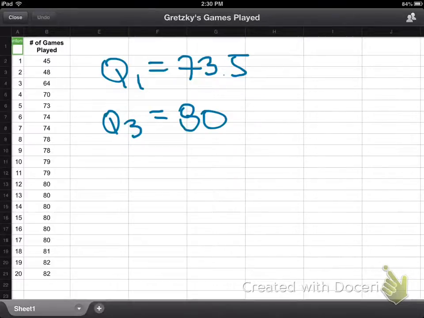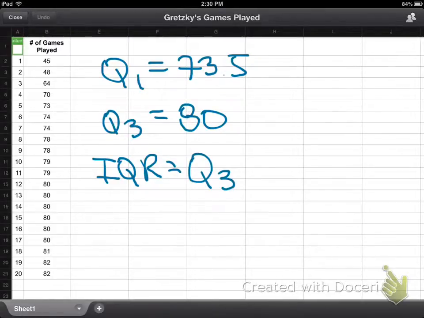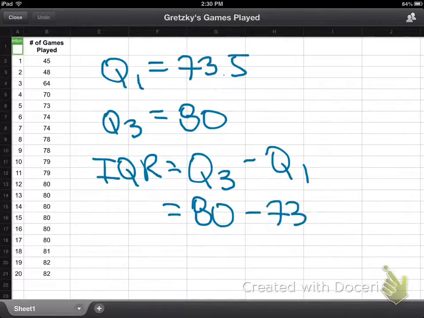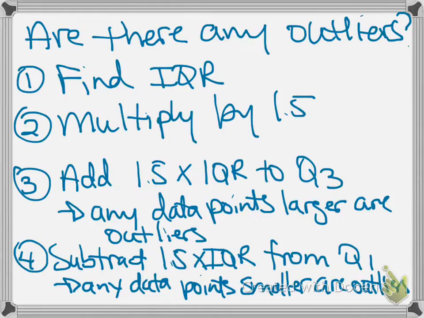So if we're going to calculate the IQR, all we have to do is say, that's Q3 minus Q1, which in this case is 80 minus 73.5, and so that looks like 6.5 to me. Okay, great, we've got the IQR now, but what do we do? How do we use that to determine whether or not we have an outlier? That's what we're going to talk about in just a minute.